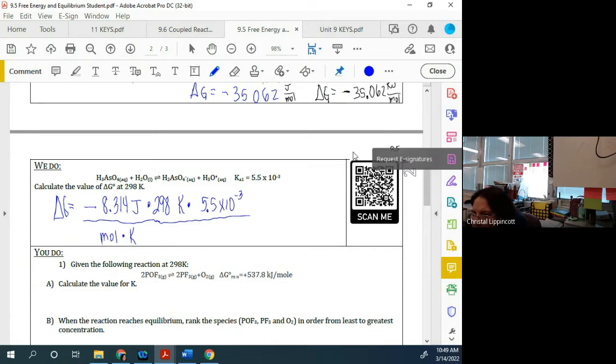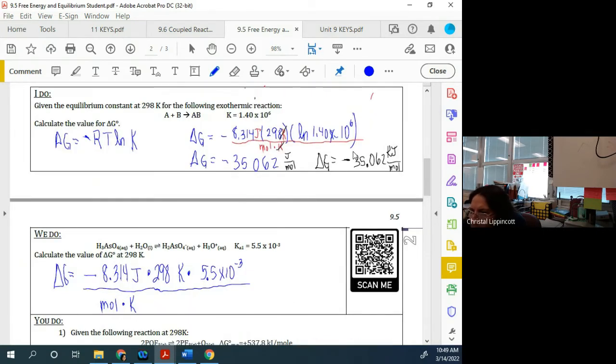Now, let's go back up here and look at this one before I go any further. Look at my K value here. Is this going to be thermodynamically favored or not? Yes. Why? Because it's greater than 1.